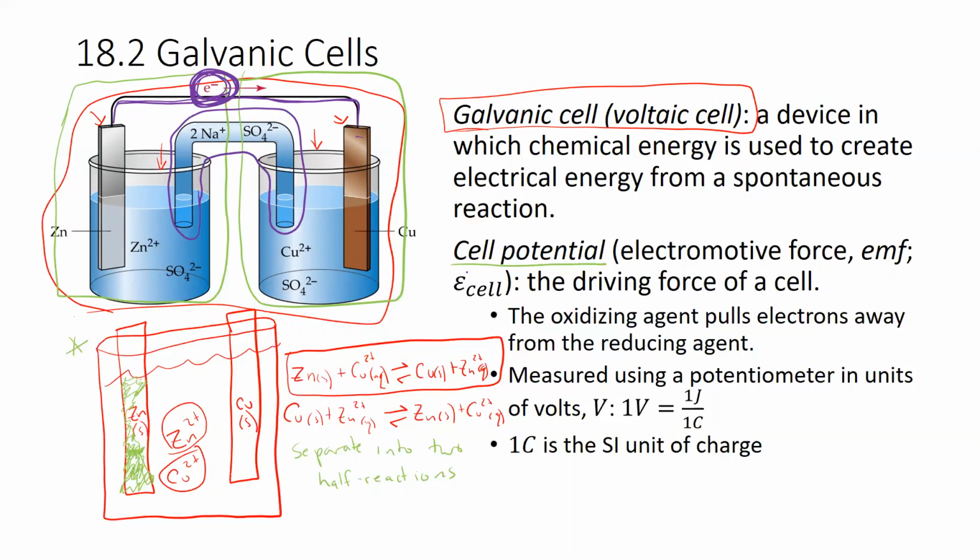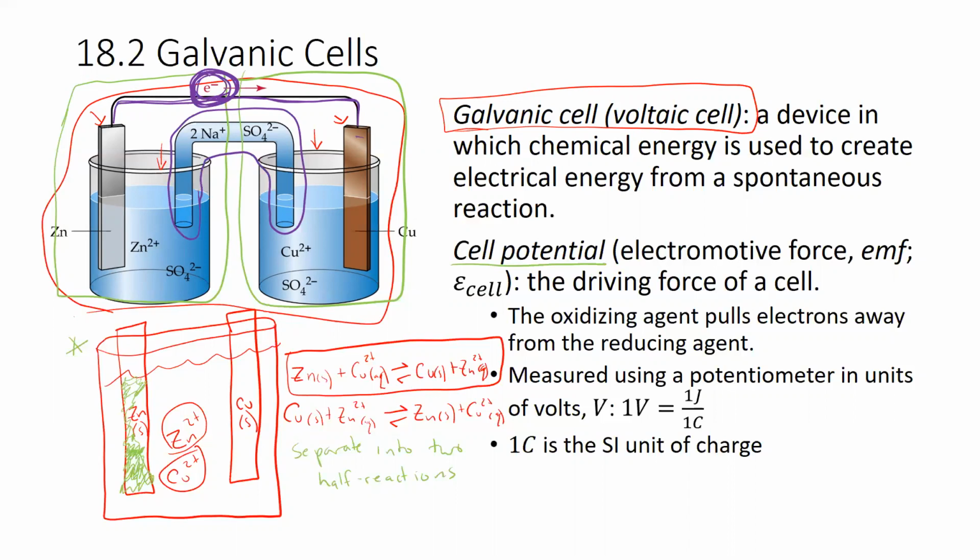If those go into a motor, you start spinning the motor, and you can use that motor to do other amounts of work. But the overall scheme is that a chemical reaction is utilized to do work.